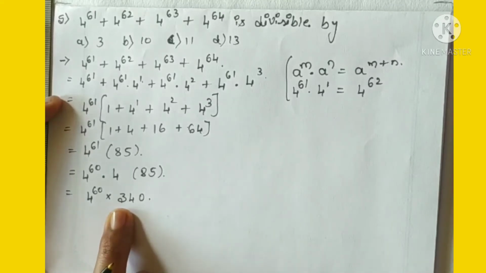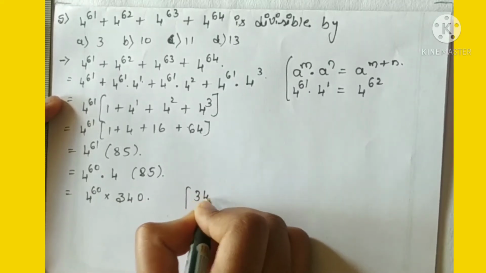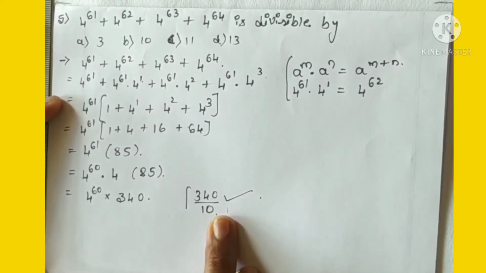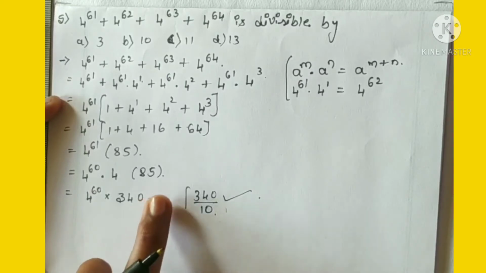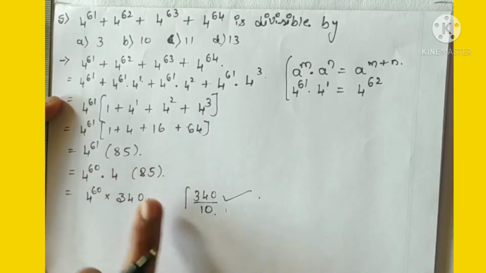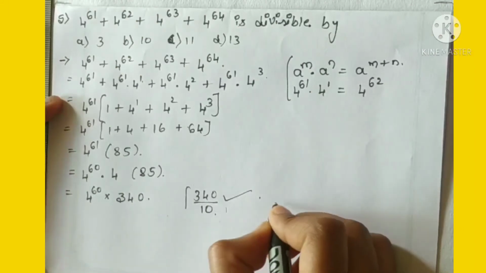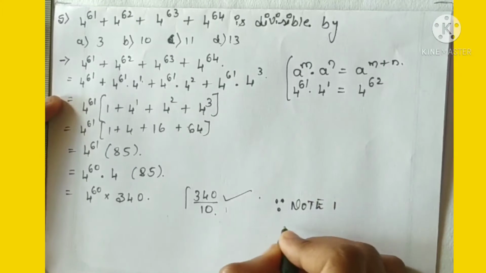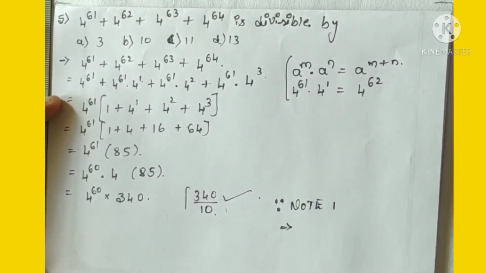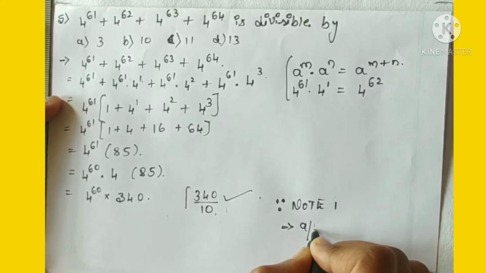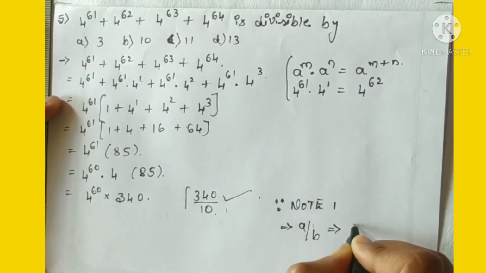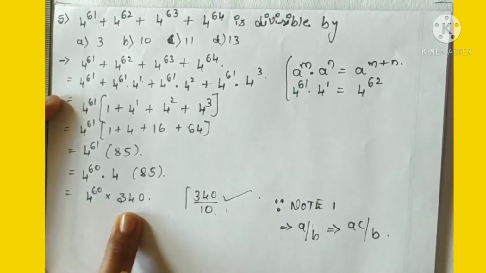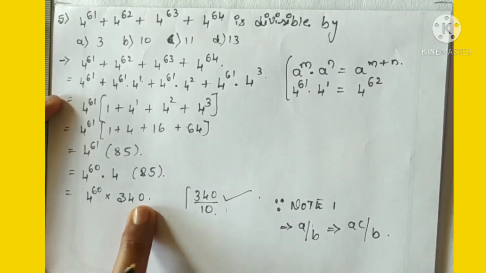Here this 340 is completely divisible by 10. It is completely divisible. So this entire term is also completely divisible by 10, because I just apply note number 1, that is, if A divides B, then AC also divides B. I simply apply this rule here, that is, 340 is divisible by 10.